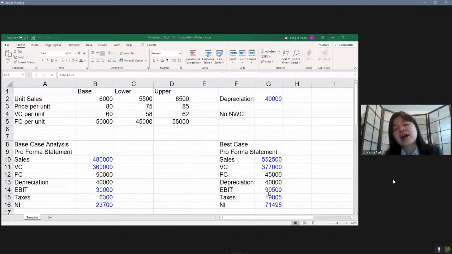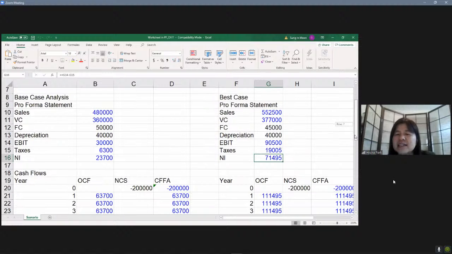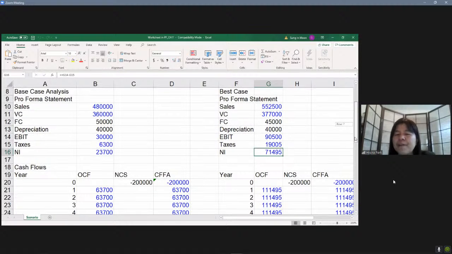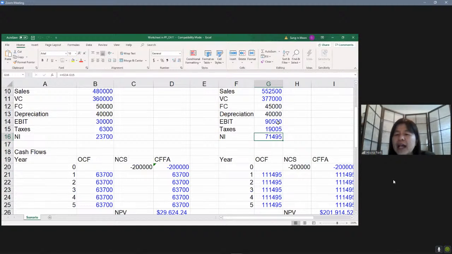So three scenarios: how to work with those scenarios to calculate NPV based on given, simplified input. That's enough. What if I ask you, using these sales, variable cost and fixed cost, you should be able to calculate EBIT, tax, and net income, and use this net income and all other calculations.